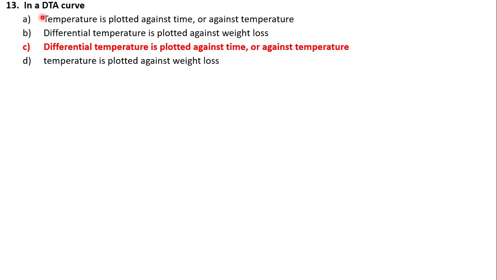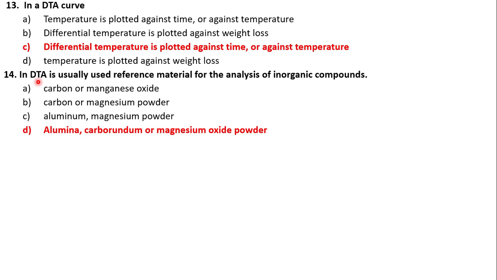Next one, in a DTA curve, differential temperature is plotted against time or against temperature. The usual reference materials in DTA for analysis of inorganic compounds are alumina, carborundum or magnesium oxide powder.